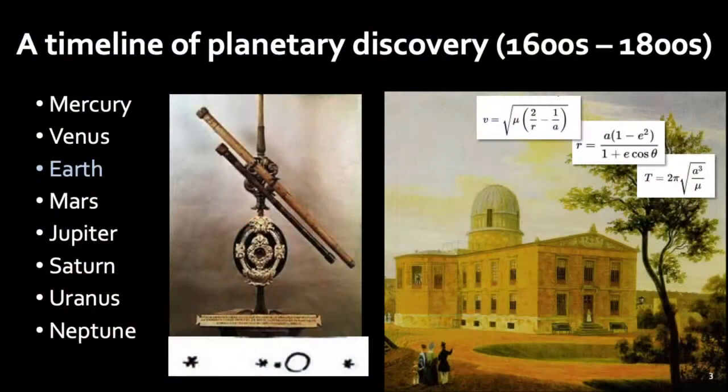And on slide 3, as we progress significantly farther through time, 1600s, 1700s, 1800s, we're building better and better technology. With the advent of telescopes, we can now see the moons around Jupiter and Saturn. With the advent of more sophisticated mathematics to describe those orbits, we realize, in fact, that not all the planets are orbiting around Earth. All the planets are orbiting around the sun, and Earth becomes a planet for the first time.